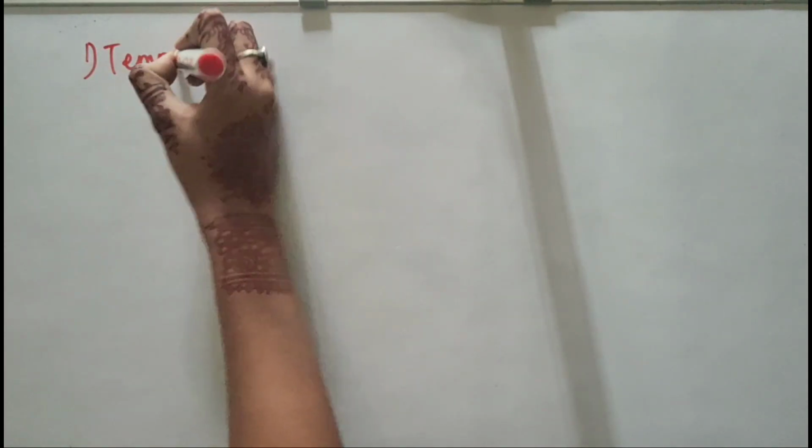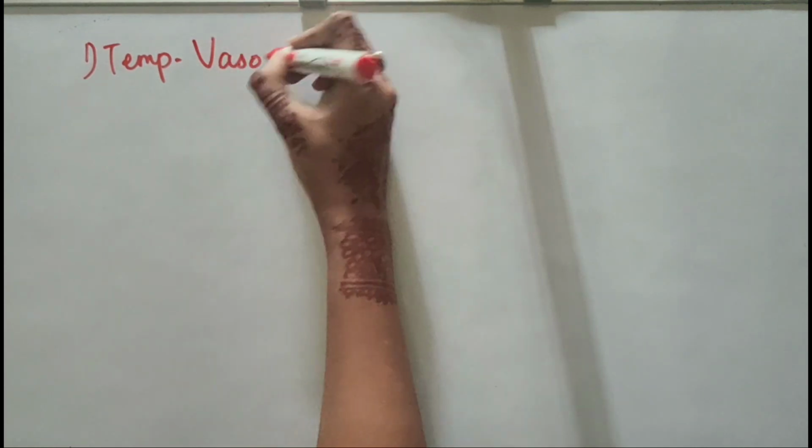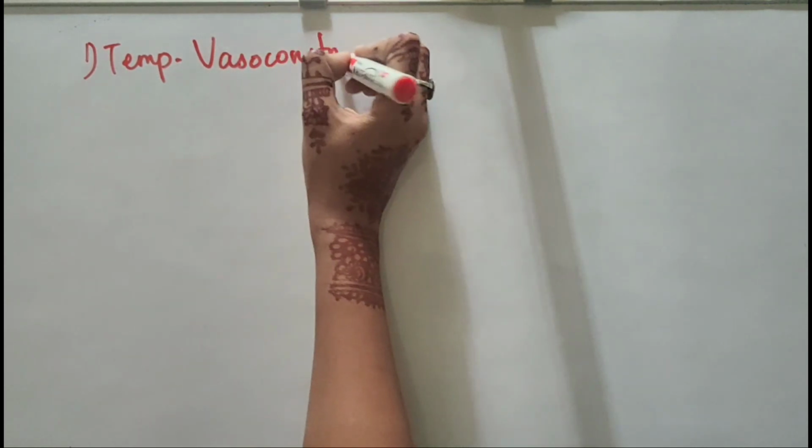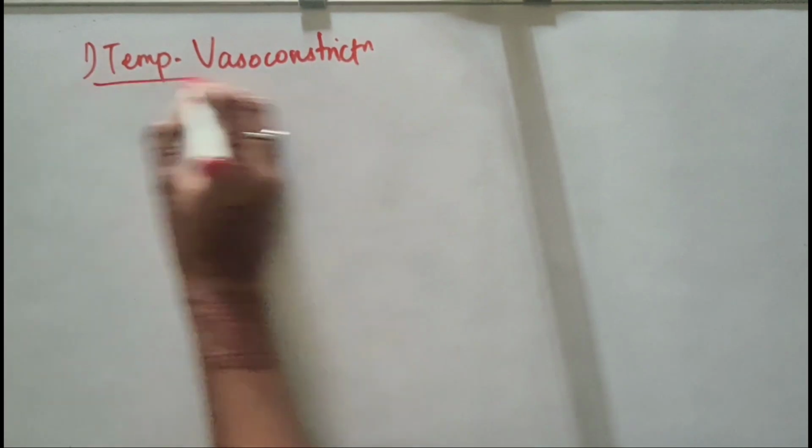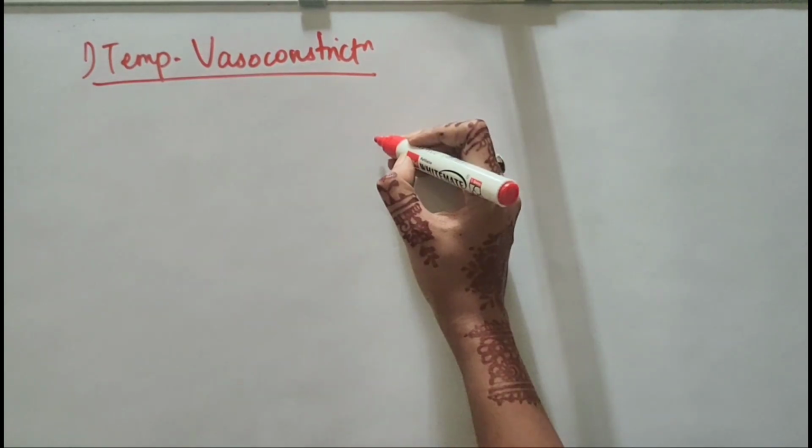Now we'll understand the vascular events, that is the hemodynamic changes, in a very easy step-by-step method. The very first, what happens is temporary vasoconstriction. Okay, so what is temporary vasoconstriction?